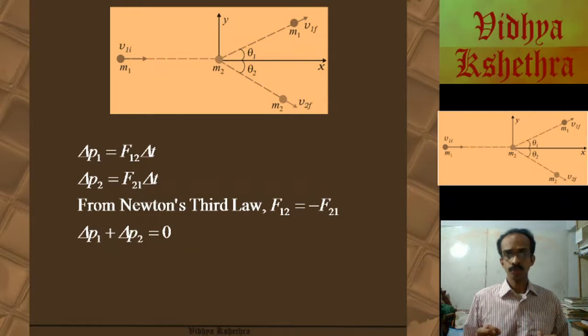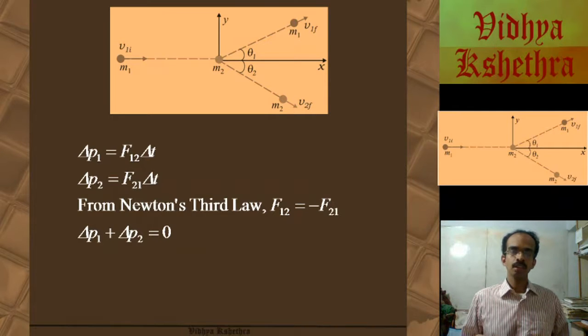The change in momentum delta p1 is equal to F12 into delta t, where F12 is the force exerted by the mass m1 on m2, while the change in momentum delta p2 is given by F21 into delta t, where F21 is the force exerted by the mass m2 on m1. Now from Newton's third law, we have F12 is equal to minus F21.